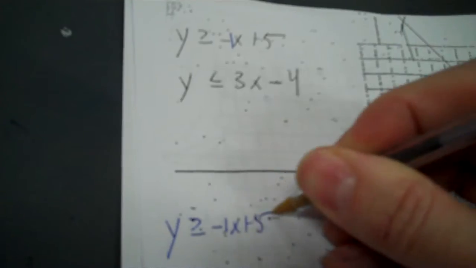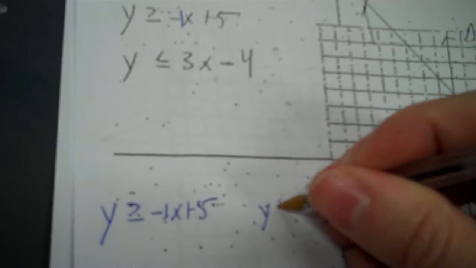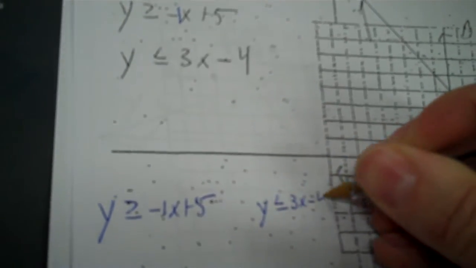Okay, last example. If your x has a negative, put a 1 because you need to multiply by -1. So y greater than or equal to -1x plus 5, and then y less than or equal to 3x minus 4. Line your points up. A, so 1, 2, 3, 4, 5, up 3, so that's positive 5, 3.